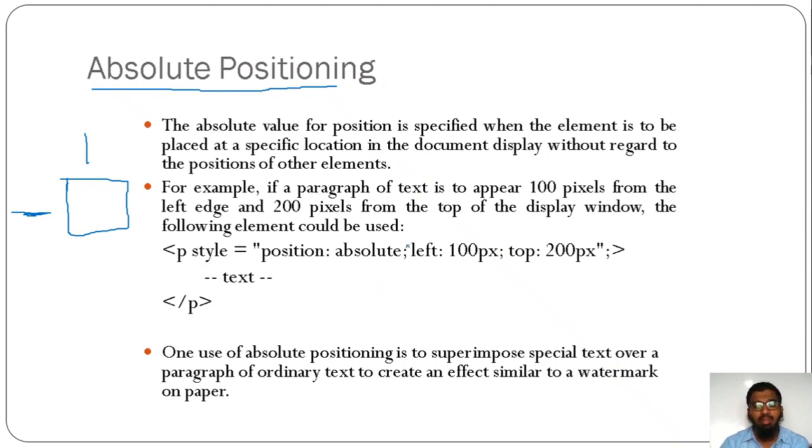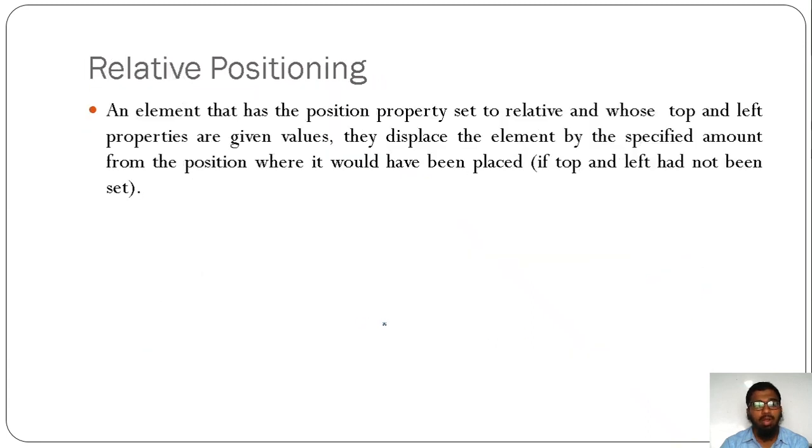Watermark means something is displayed in the background of the text. Like in the OU exam, in the background you can see the logo of OU. That is called a watermark.